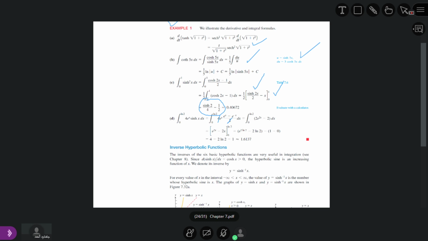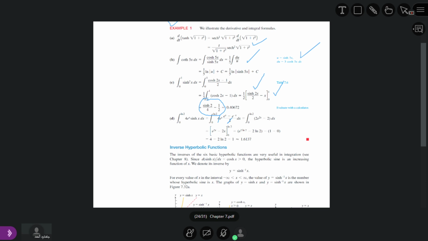So we have here 2e^(2x) minus 2, and we have to find the antiderivative of this. What is the antiderivative of 2e^(2x)? It is 2 outside.